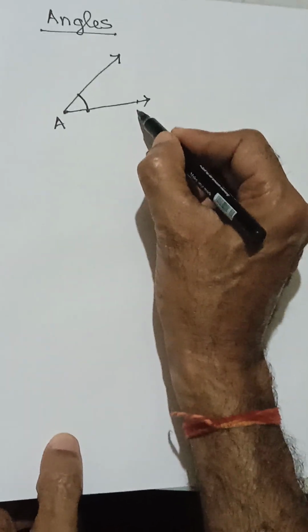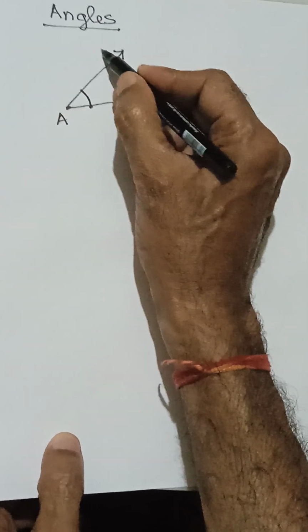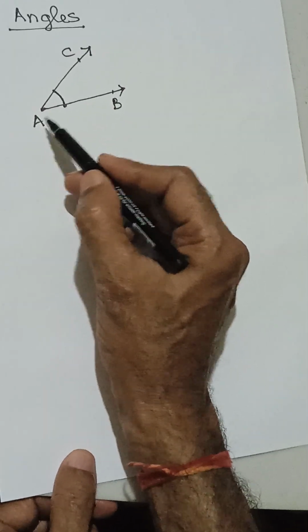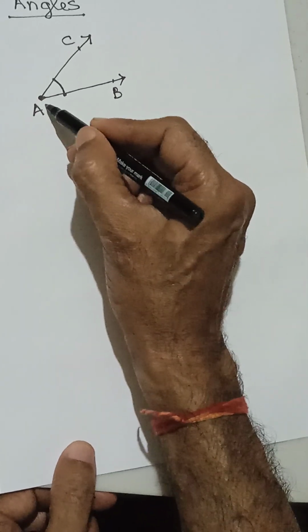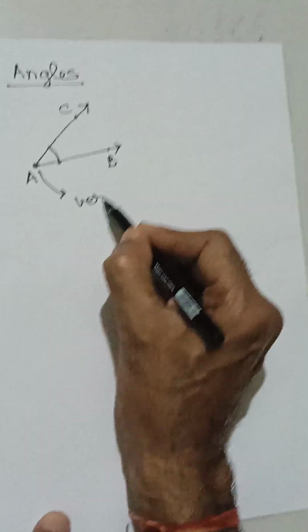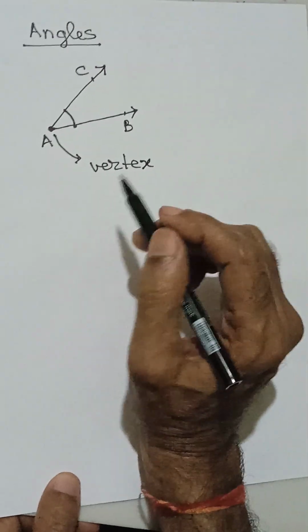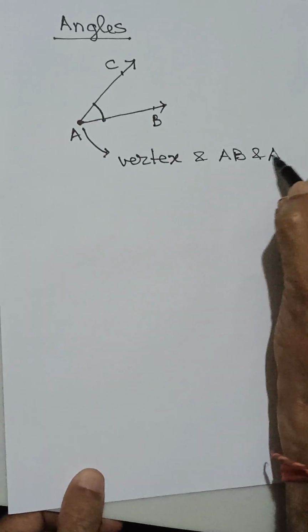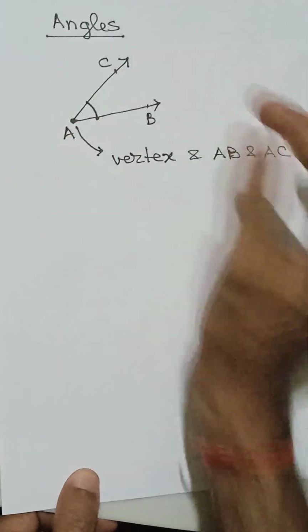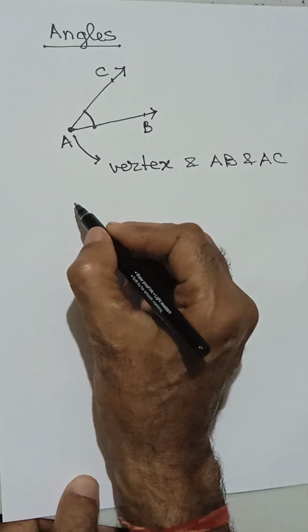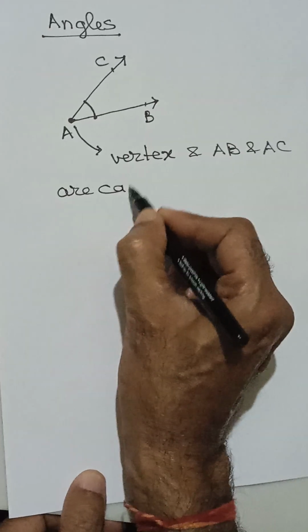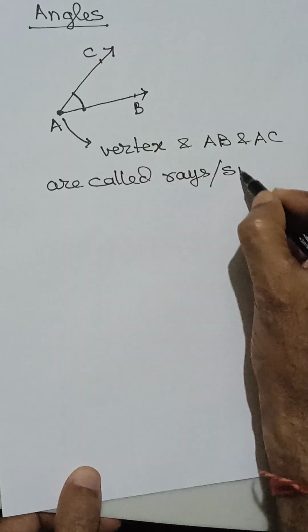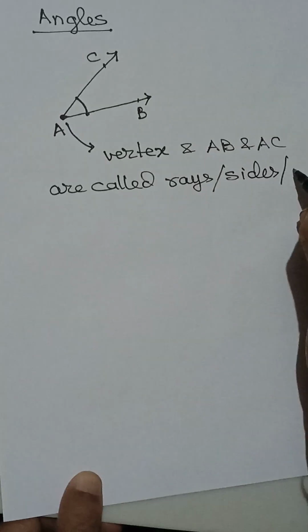Let's suppose here it is B and here it is C. The common point A is called the vertex. AB and AC are called rays or sides or arms.